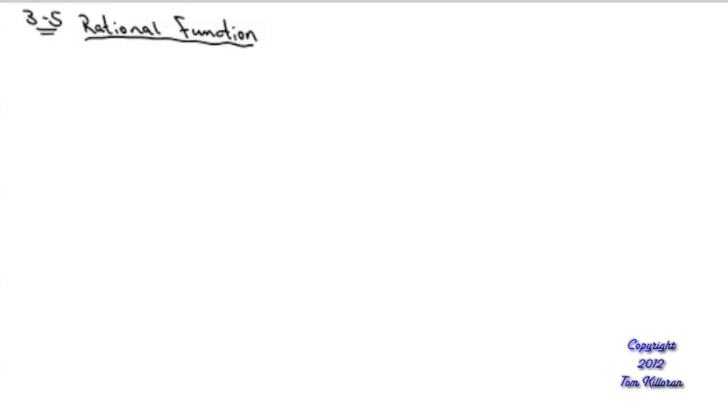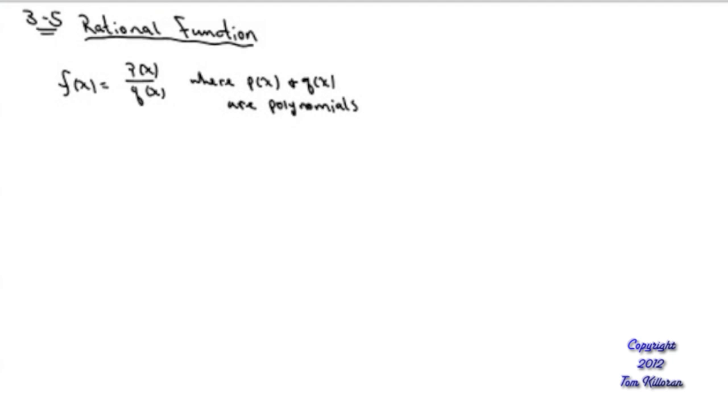So what is a rational function? Well, a rational function is written as P of x over Q of x, where P of x and Q of x are polynomials. What is the only restriction on this definition?